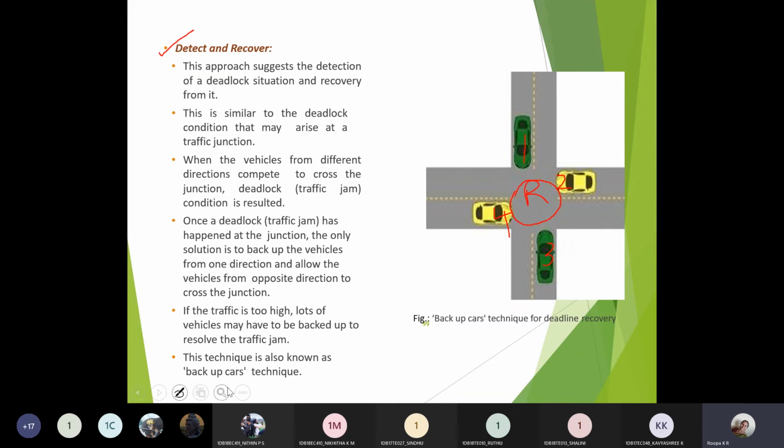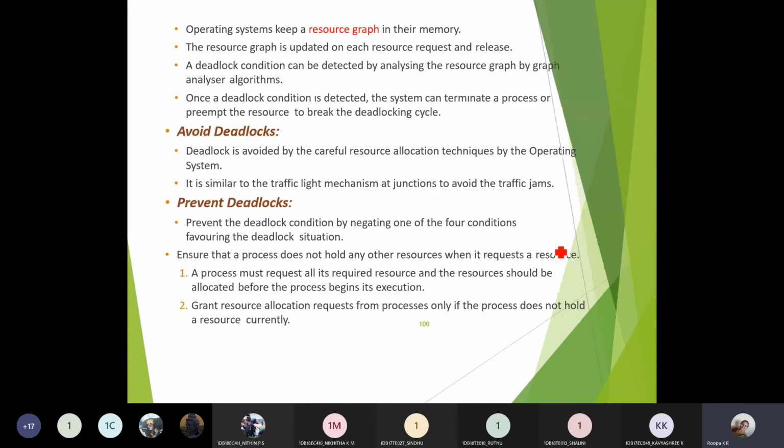This is called the backup technique. It will go back and wait for the allocation of the resources. Each and every operating system will have a resource graph, which holds the data of all the resource requests given by the processes.